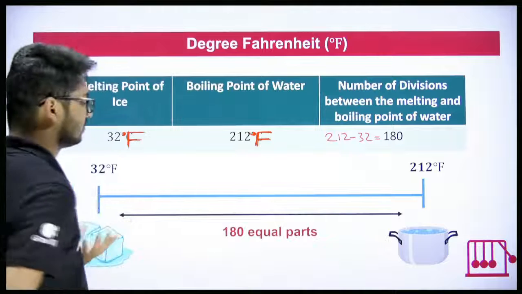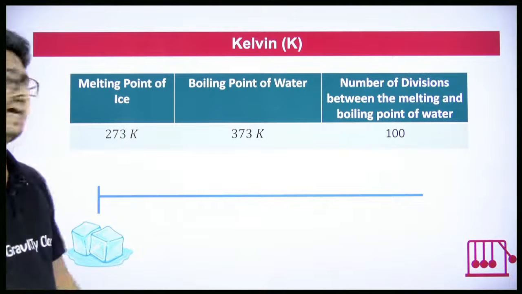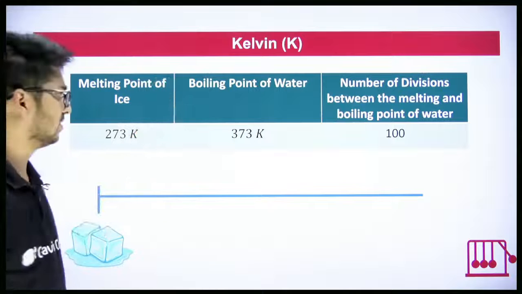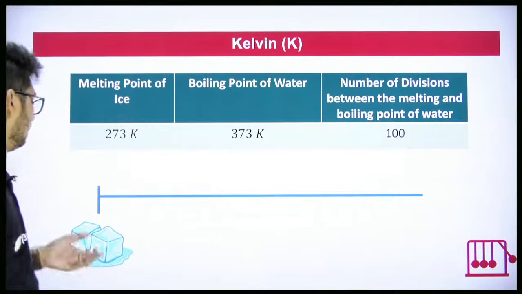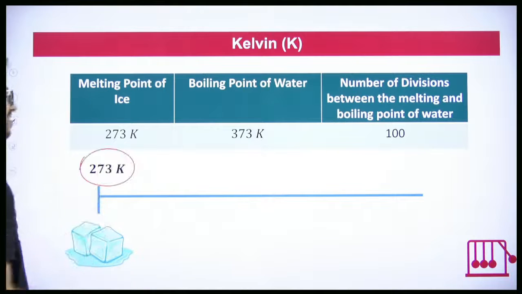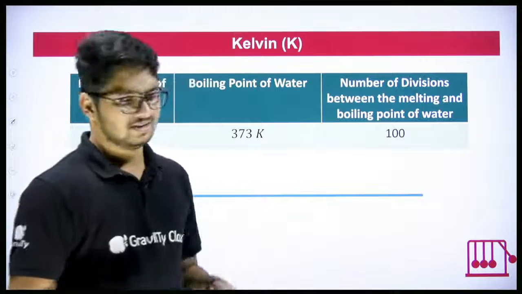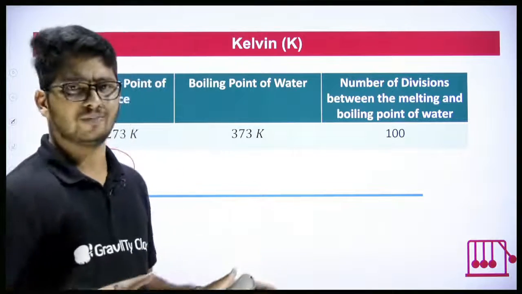Then comes the Kelvin scale. Kelvin is also the name of a scientist. So what did Kelvin do? He took the melting point of ice as 273 Kelvin. You might think, sir, where are these random numbers coming from? There are reasons behind it, but they are very complex for us.